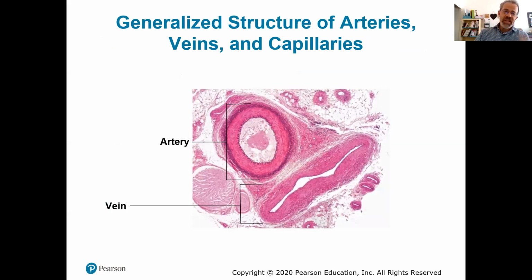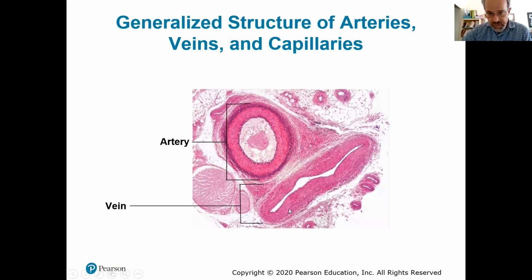All right, so this is interesting. This is an actual photomicrograph of an artery and a vein. And of course, we'll take a look at these layers individually, but one thing you can see clearly is that the artery is nice, wide open. Here's the central blood-filled cavity, nice round.